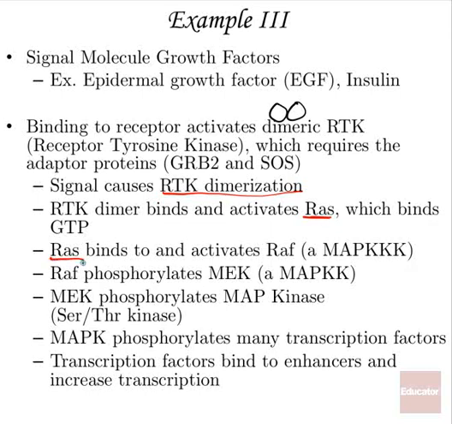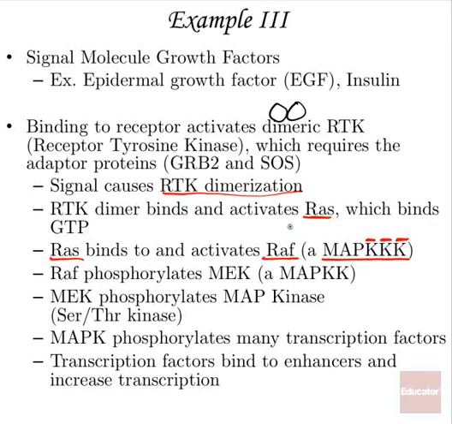That RAS will then bind to and activate another protein called RAF. Now, RAF is what is called a MAP KKK, which is mitogen activated protein. We usually just call it MAP. It's a MAP kinase kinase kinase, meaning it phosphorylates a MAP kinase kinase. All right, it's quite heavy in nomenclature, but we'll understand it as we go to the next step.